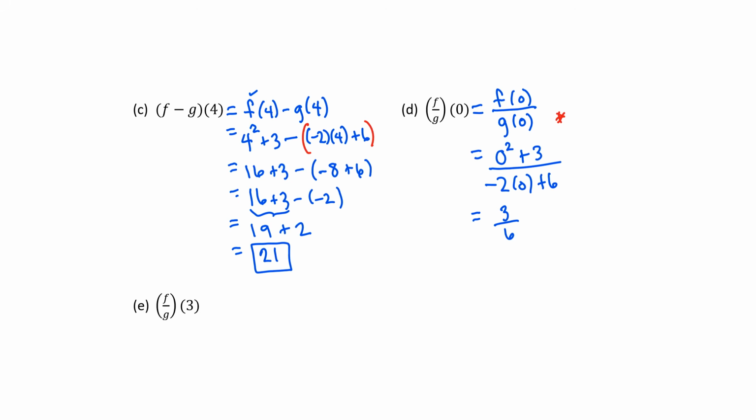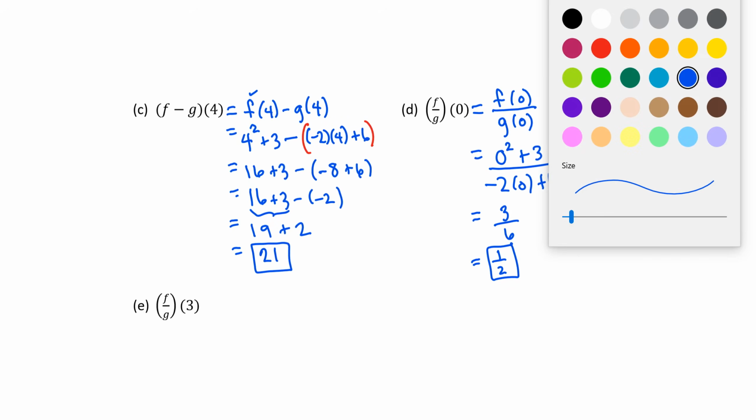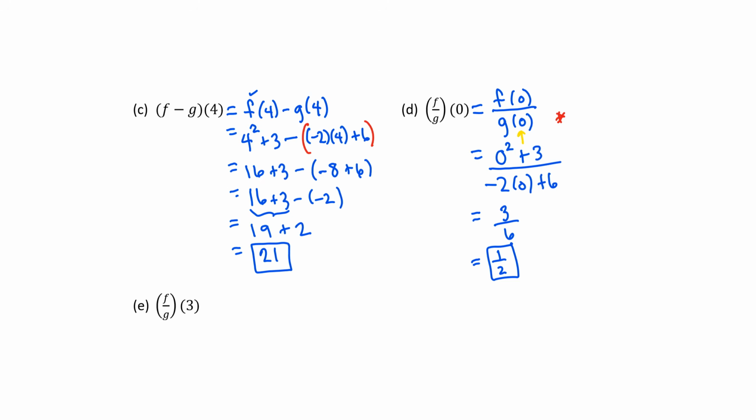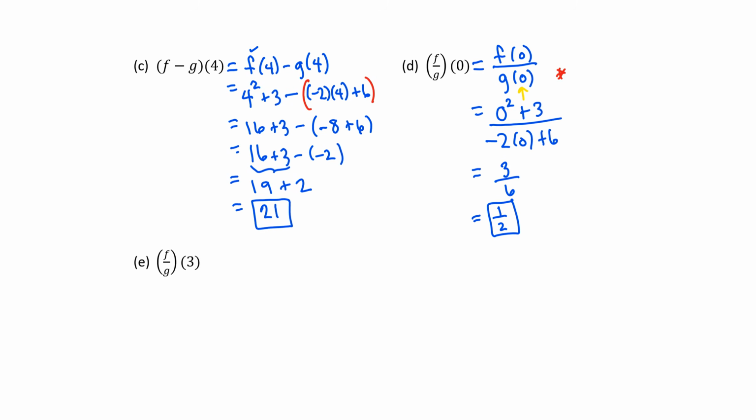Notice the denominator is not equal to 0. Therefore, this is a legal operation. So it's okay to have an input of 0, right? But if I were to plug in a number and get out a 0 in the denominator, then I would have to say undefined.